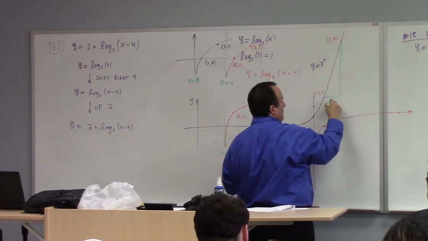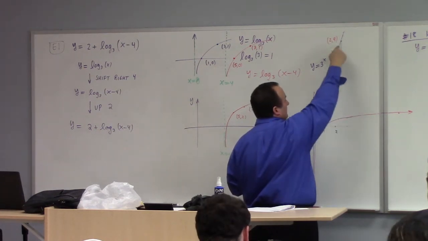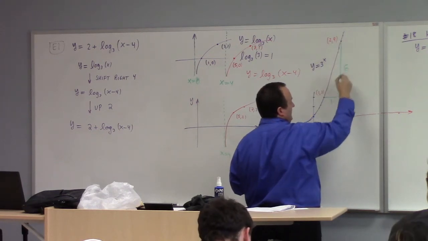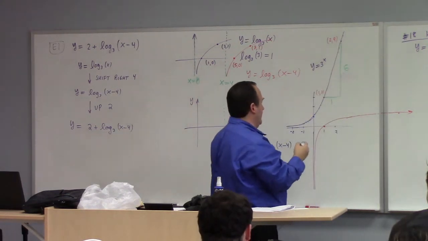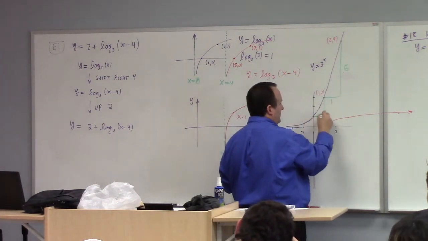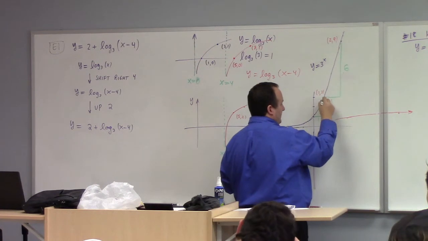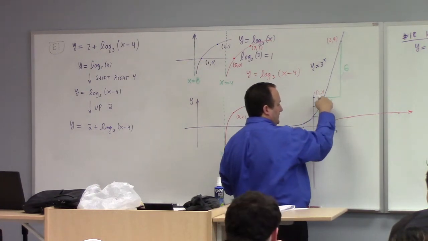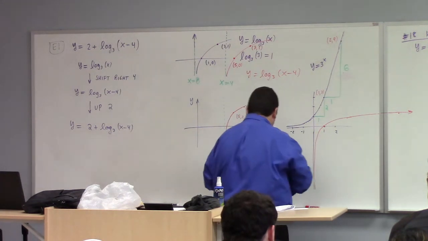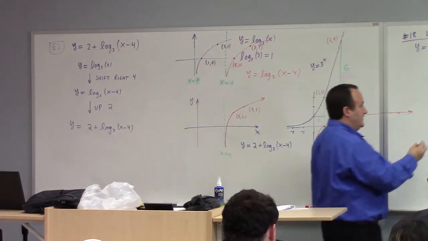You go 1 over, and you go how many up? We go 6 up, right? And then if you look at this step right here, what's this one going? This is 1 over, not 3, but 2 up, because 3 minus 1, right?